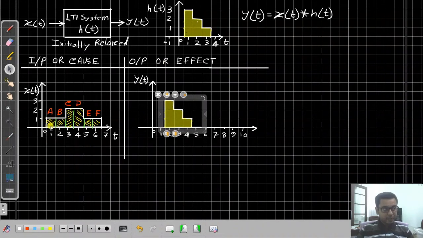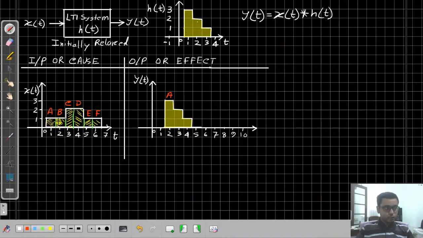This input impulse occurs at time 1, therefore the origin of h(t), this point, should come at time 1. So this is the output corresponding to the portion A of the input.